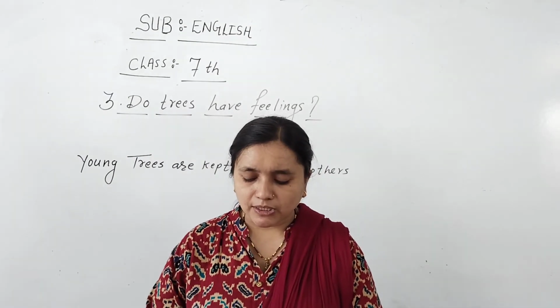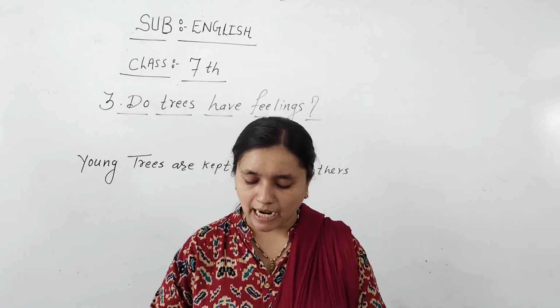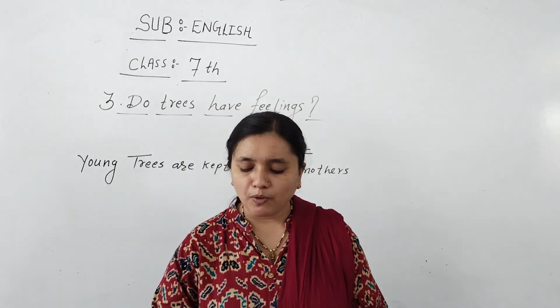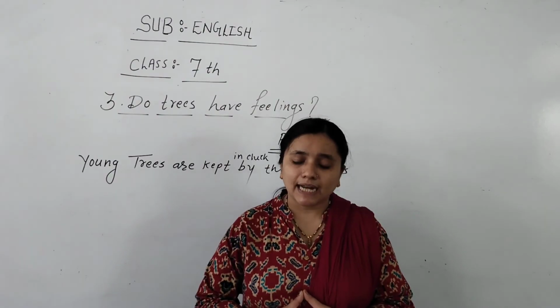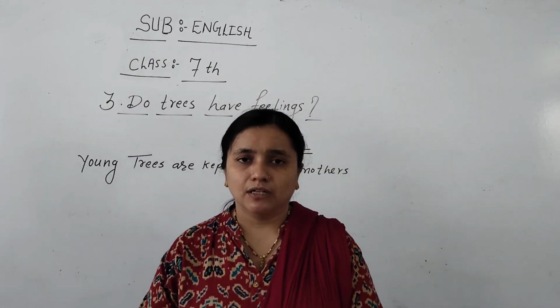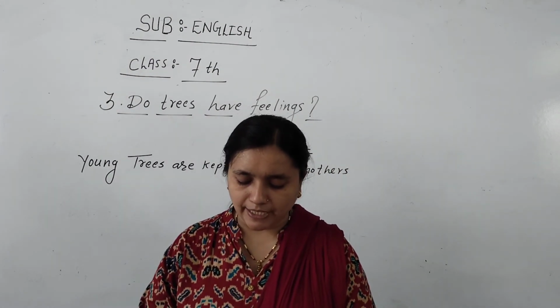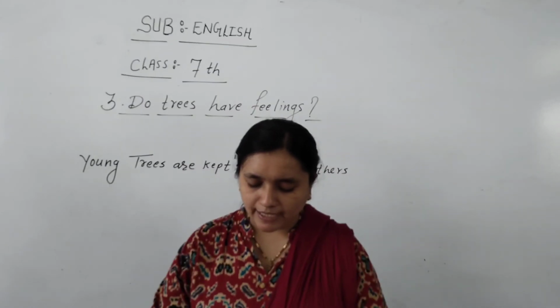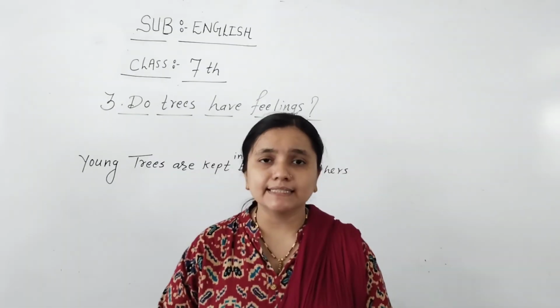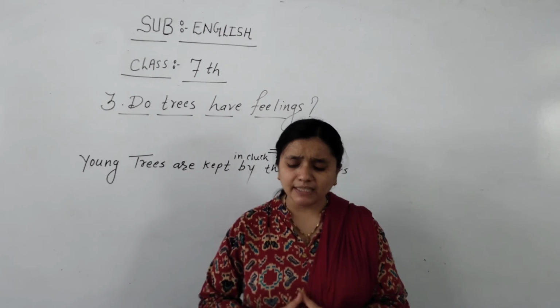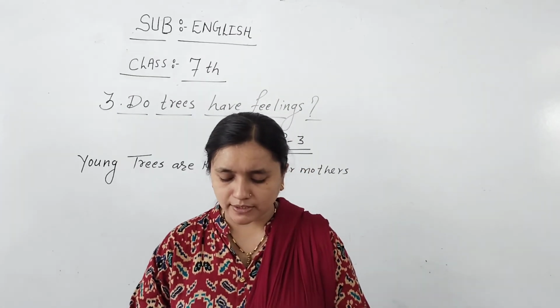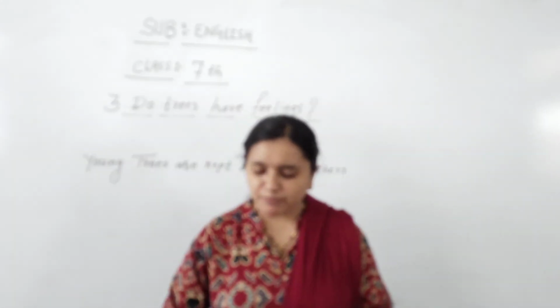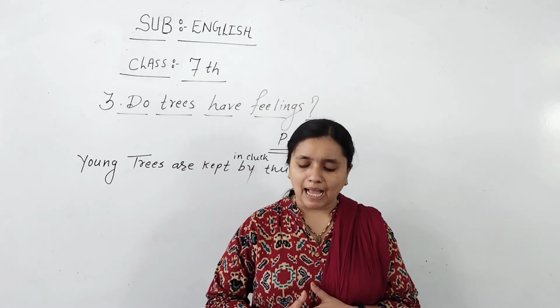Next, canopy, the branches and leaves that spread out at the top of a group of trees. Then savannas. Savannas means a green grassland area in Africa. Next, ethylene, a colorless gas. Forewarned means made aware of before something happens.